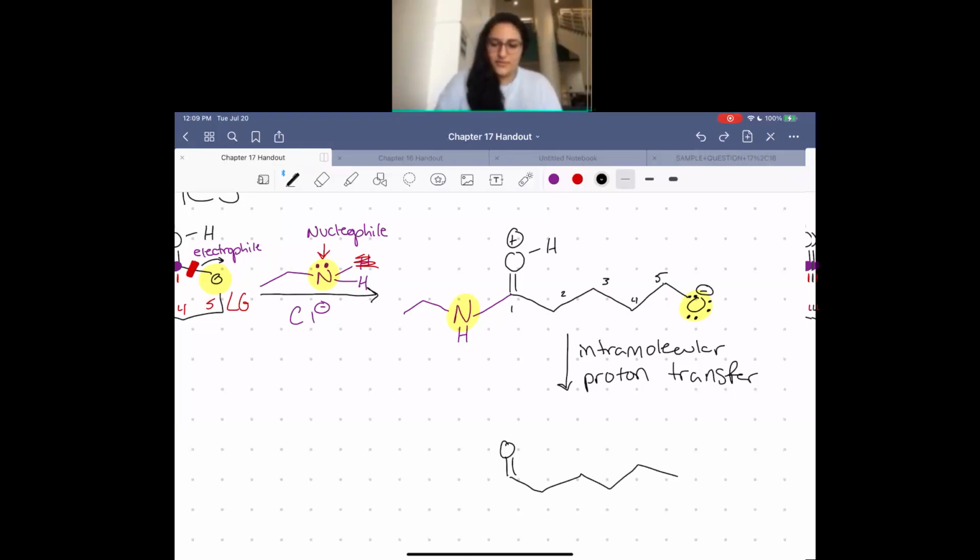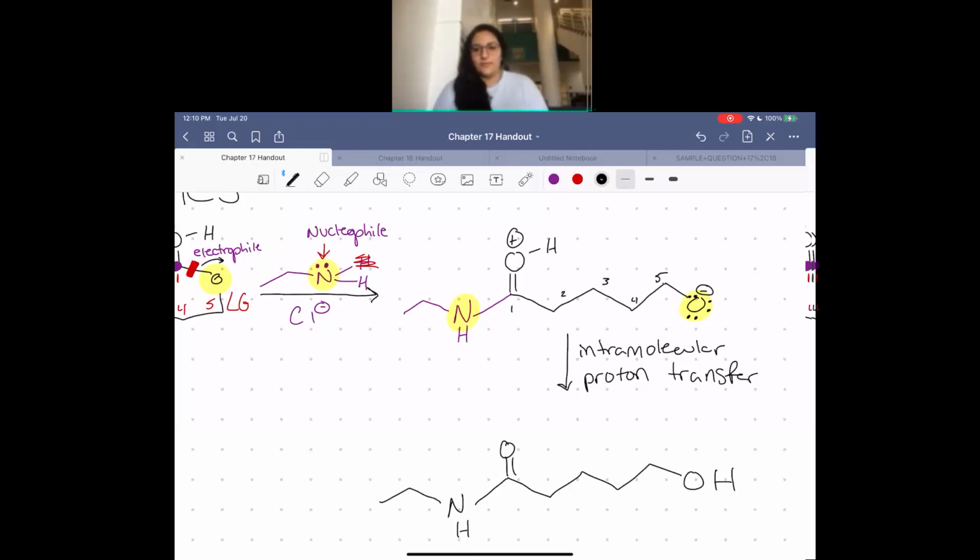So we end up with an OH, and we end up with an NH and the R group. And yes, I can draw the arrows for the transfer, my bad.